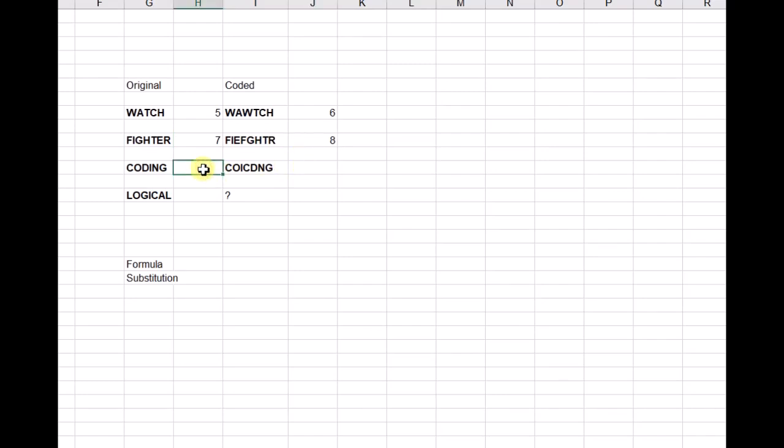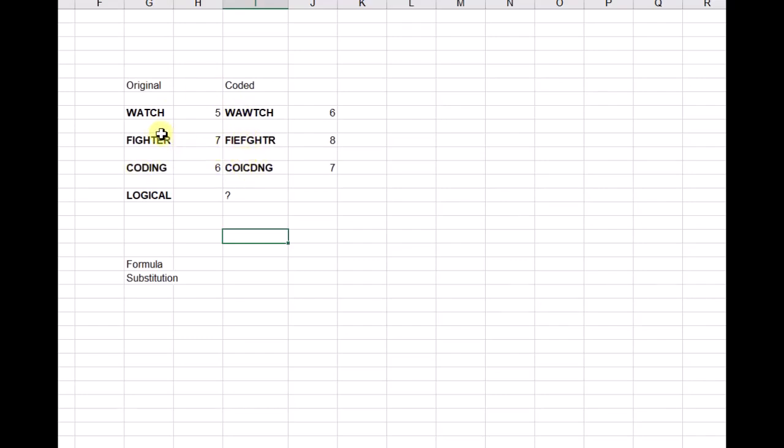This contains 6 characters again and this contains 7. So if you see the pattern, the coded word has one additional character compared to the original word. And by looking at the coded word, you can always say that the first character is getting repeated.